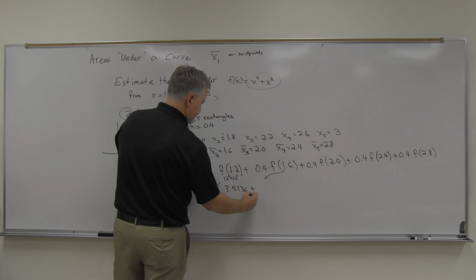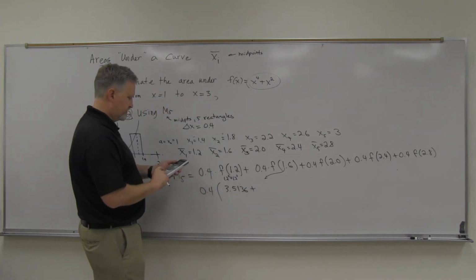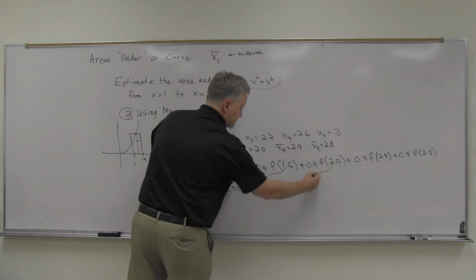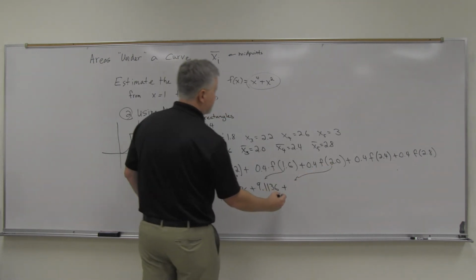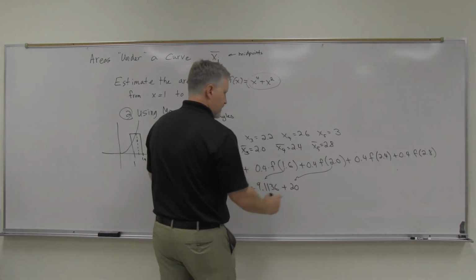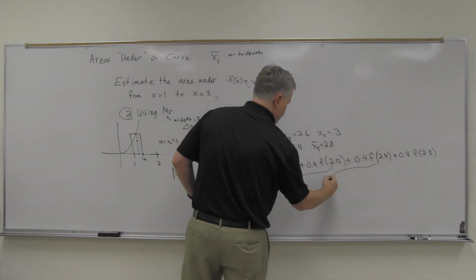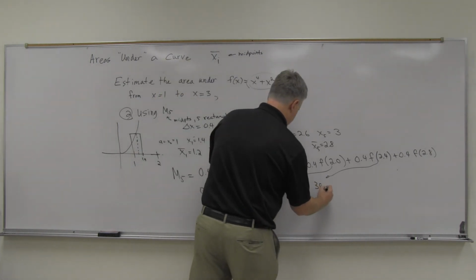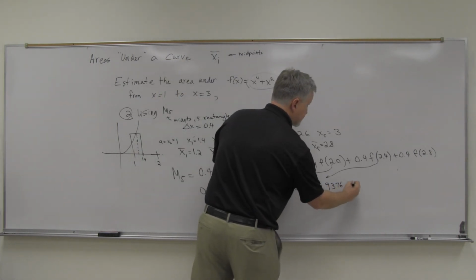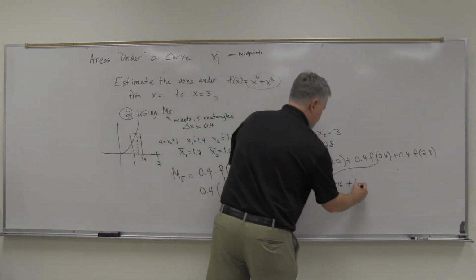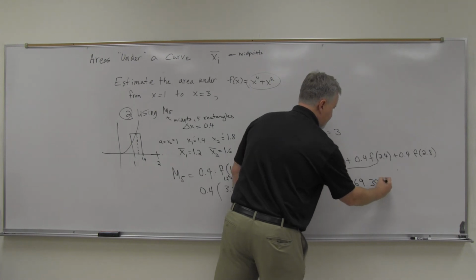F of 1.6 next, 9.1136, 2.0, be an easier one, 16 plus 4, 20. 2.4, 38.9376, and then 2.8, the last one is 69.3056.